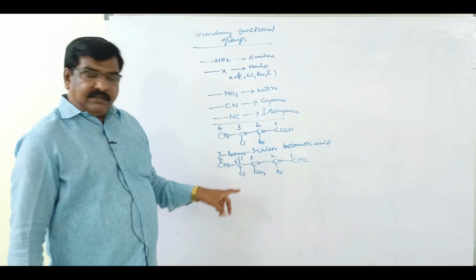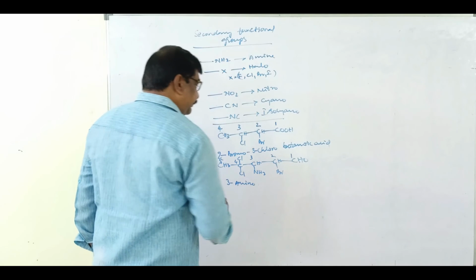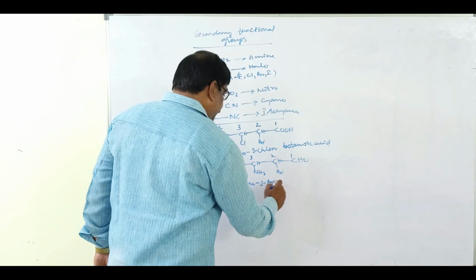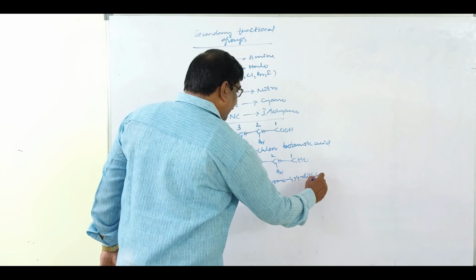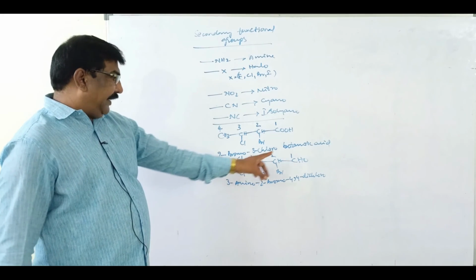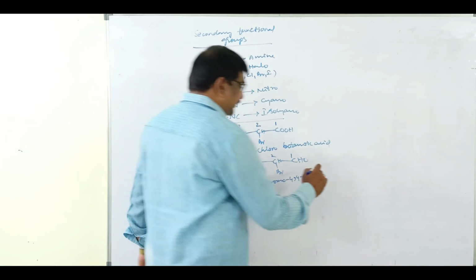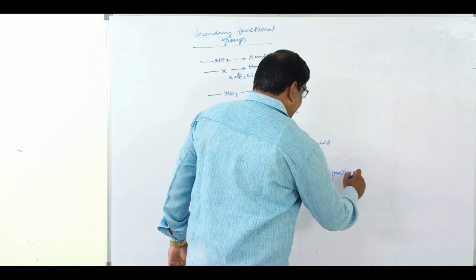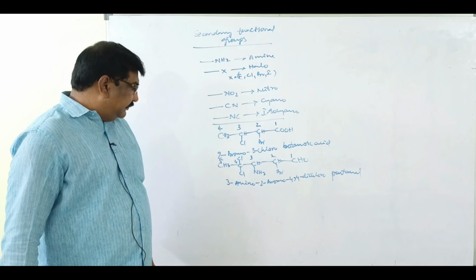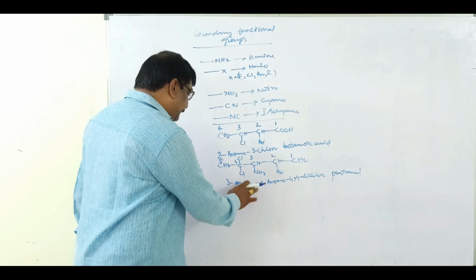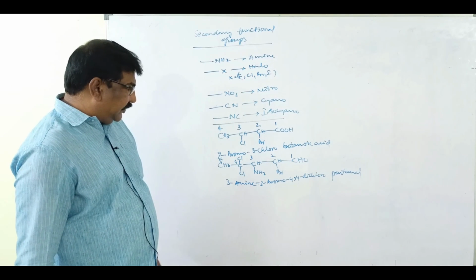So in alphabetical order, A comes first, so write 3 amine, 2 bromo, 4,4 dichloro, and 5 carbons are there, pentane. CHO is a principal functional group, so write pentanal. 3 amino, 2 bromo, or 3 amine, 2 bromo, 4,4 dichloro, pentanal.